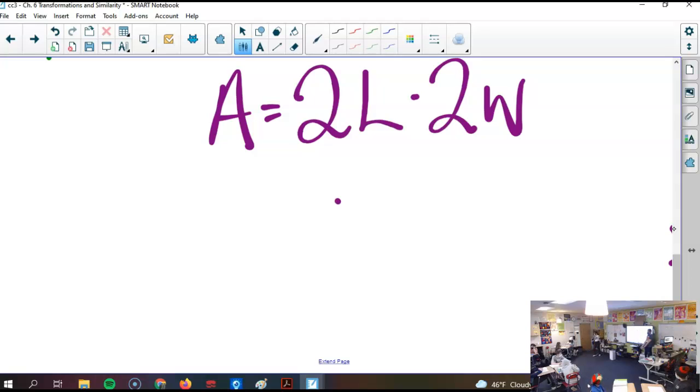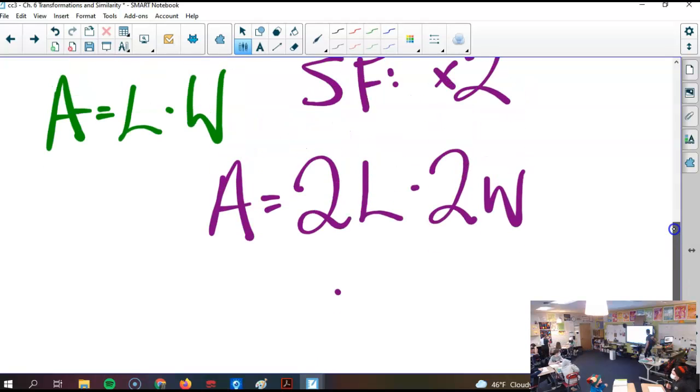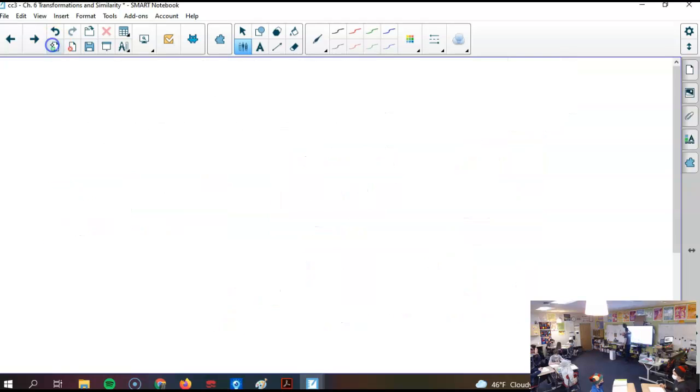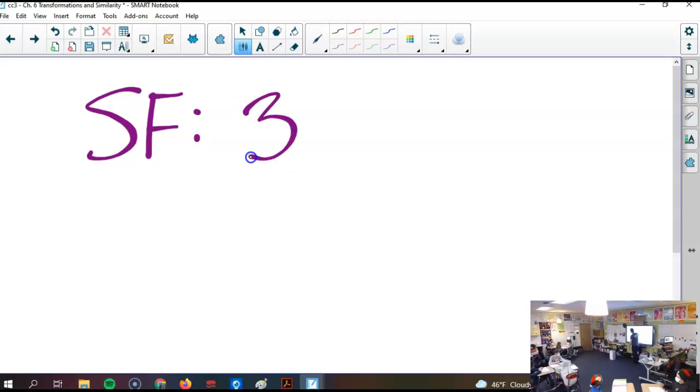So, here's the thing though. What we are often talking about is what is the scale factor, because we're trying to draw things. But then the area comparison is not the same. So here's a question for you. What happens when the scale factor is 3?